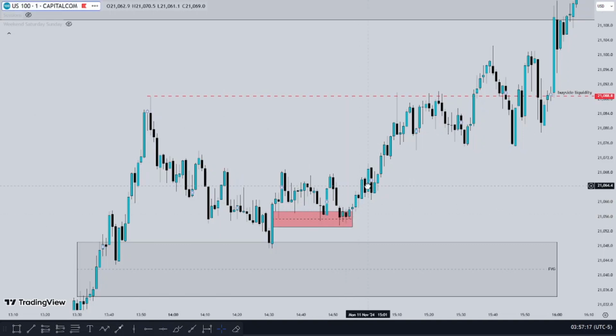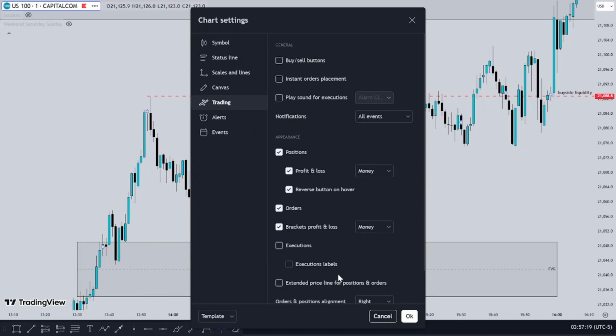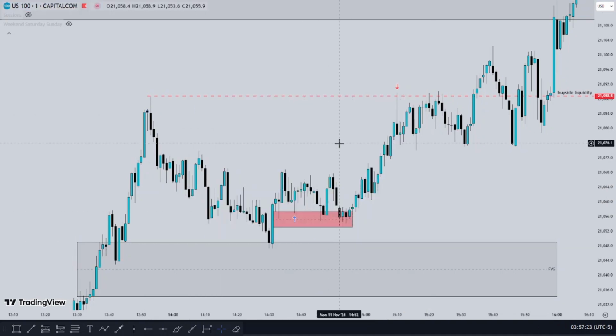Now to show that we actually took this trade, we use a TradingView paper account, which is what I mostly do when showing these reviews. So we took a buy as soon as price retraced to the fair value gap. You can see the buy. We held the trade, price traded to our target, took out the buy side liquidity, and you can see the sell.